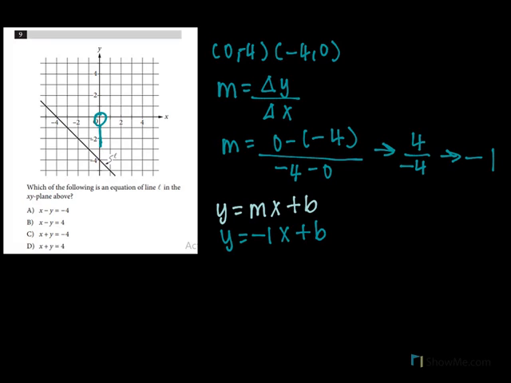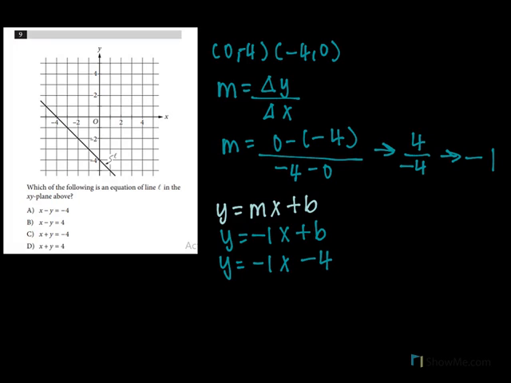Where is y when x equals 0? We look at the y-axis where x equals 0. Where does the line touch? That is at -4. Therefore, our b value will be -4. So we can rewrite this as y equals -1x minus 4.